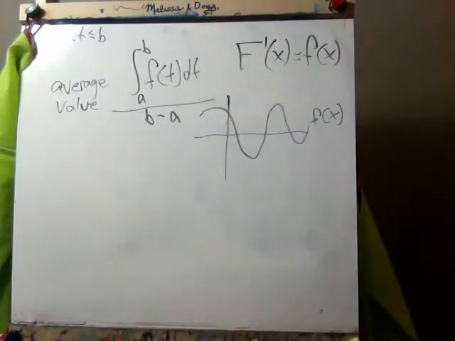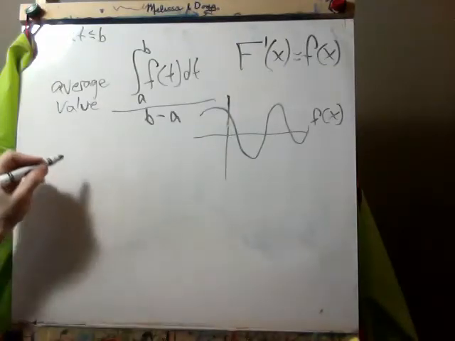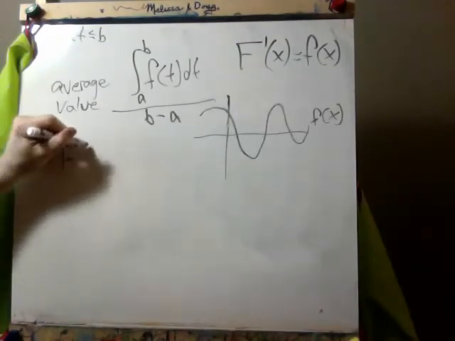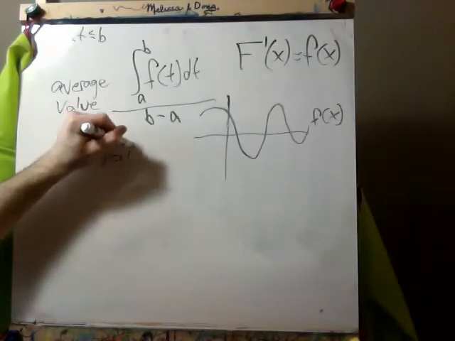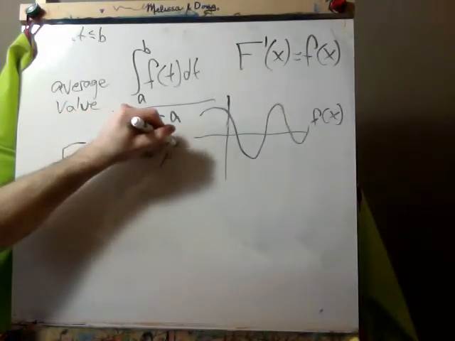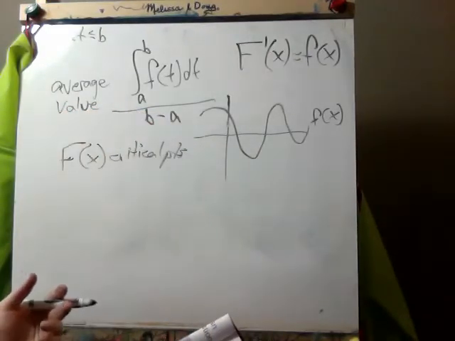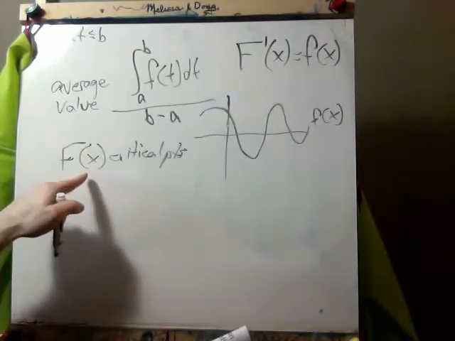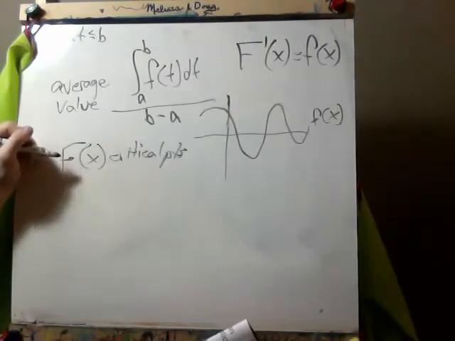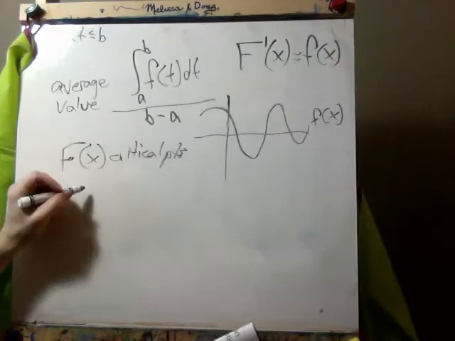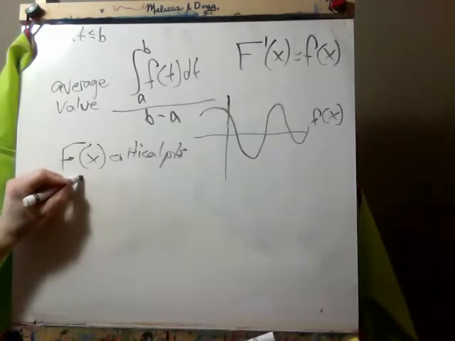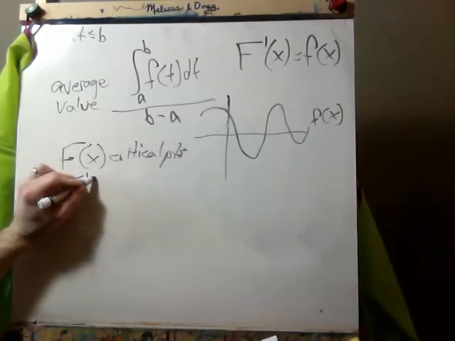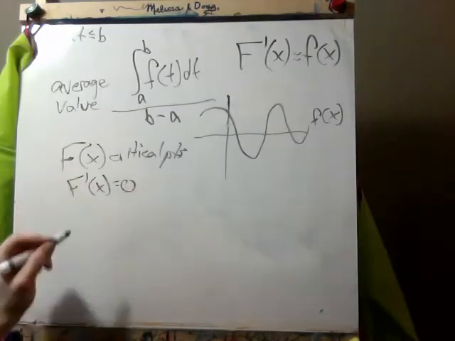And I want to know what the critical points of big F of x are. All I need to do is remember that critical points are where the derivative is equal to 0. So where F prime of x equals 0.